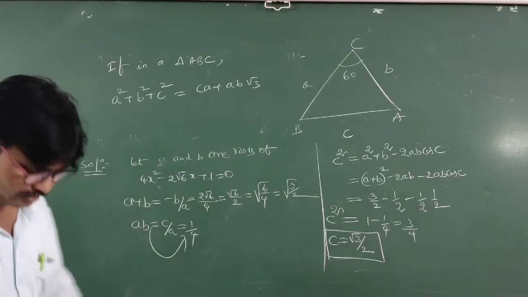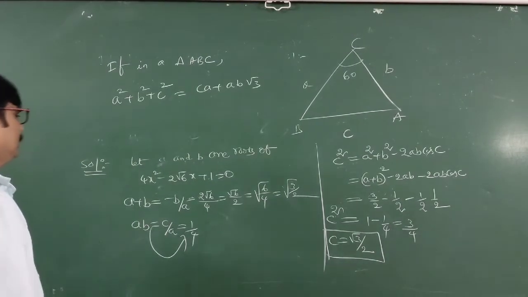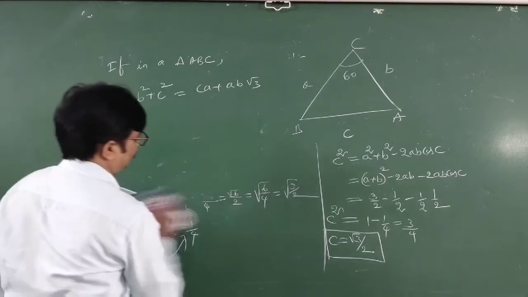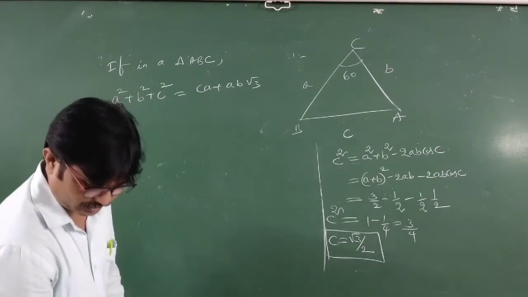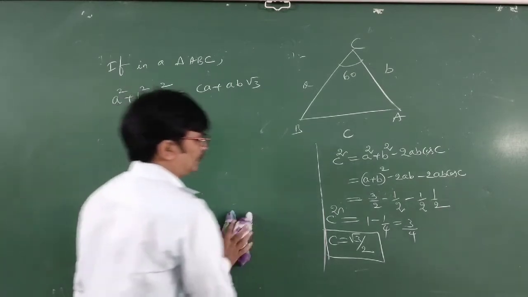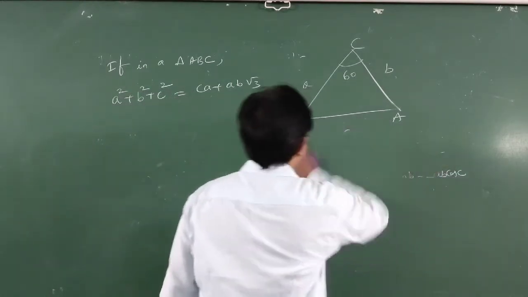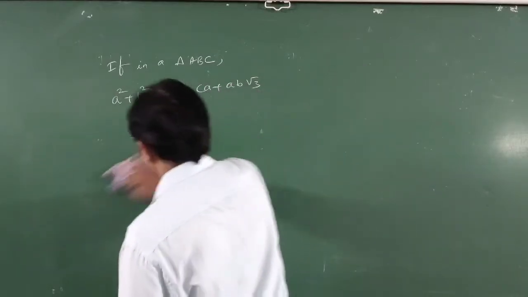Dear students, the options given are: option A is equilateral, option B is right angle isosceles, option C is right angle with one of the acute angles 60, and option D is obtuse angle triangle.